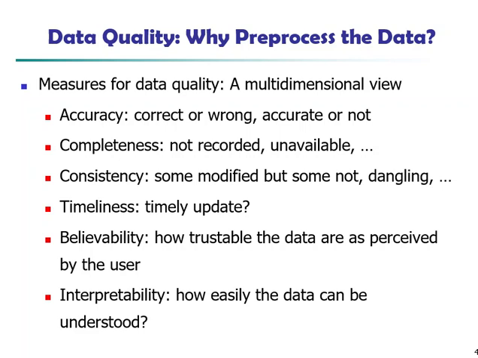If you have lots of errors in your data set, it is certainly going to skew your analysis. Completeness. Most of the data sets we receive will not be complete. Some columns or features will probably have missing values, especially when the data is collected not through a mechanical way.